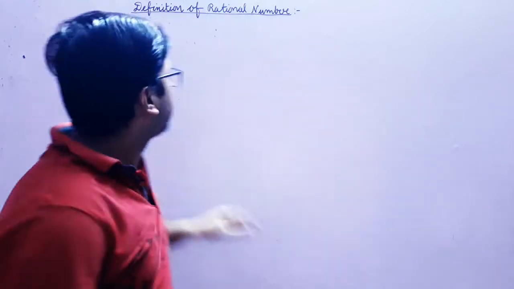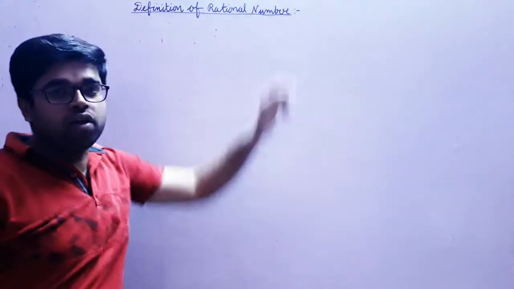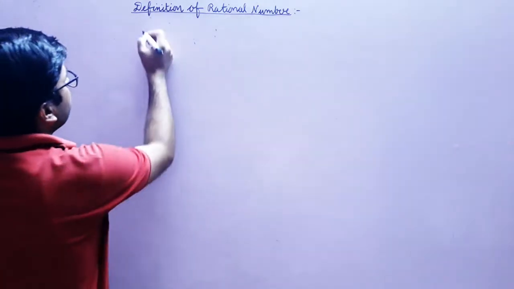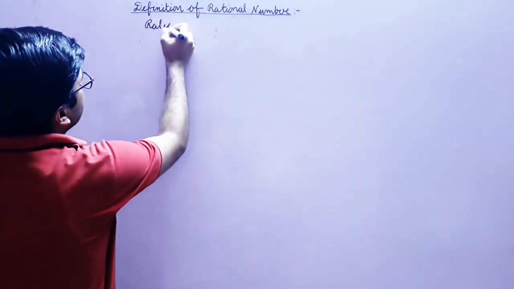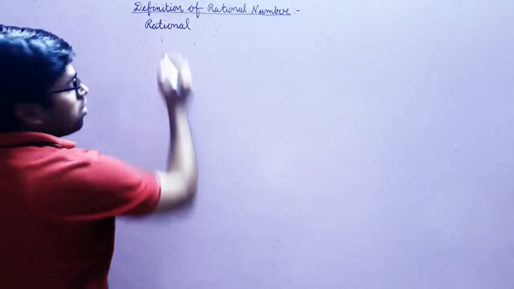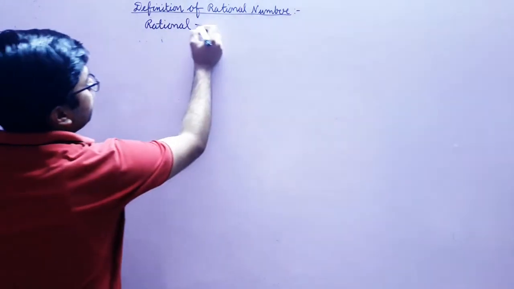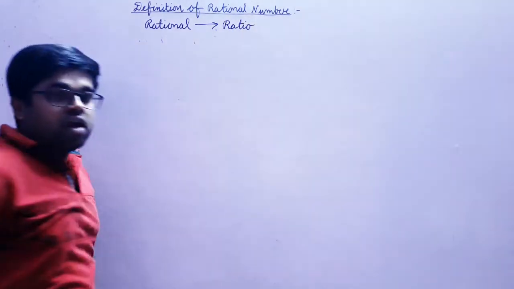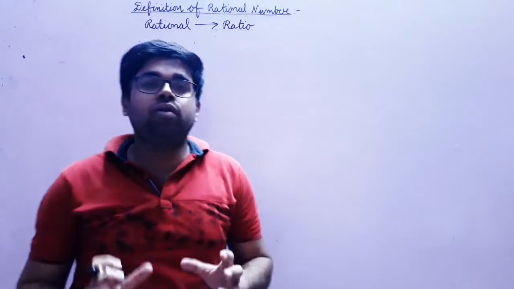This is Vivek Saini. Today we are going to study the definition of rational number. Let's start. The word rational comes from the word ratio. In fact, rational numbers are the ratio of two integers.